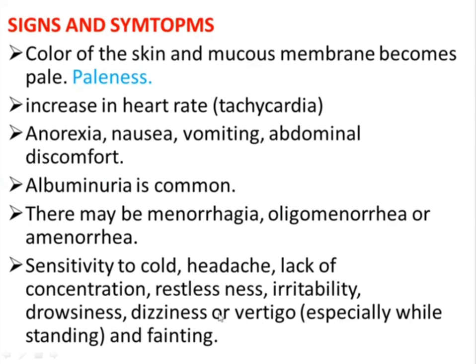Dizziness occurs especially while standing, right? And fainting. Fainting means sudden loss of the blood supply in the brain. This is called fainting. These are the common signs and symptoms of the anemia, right?